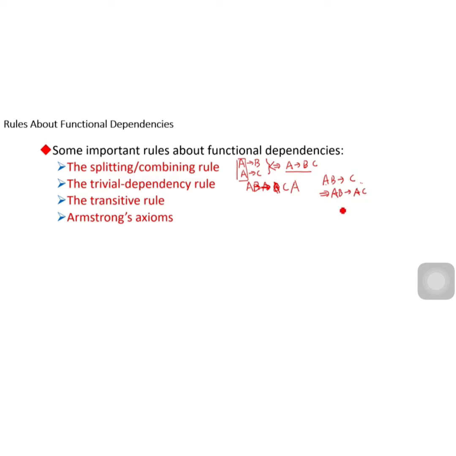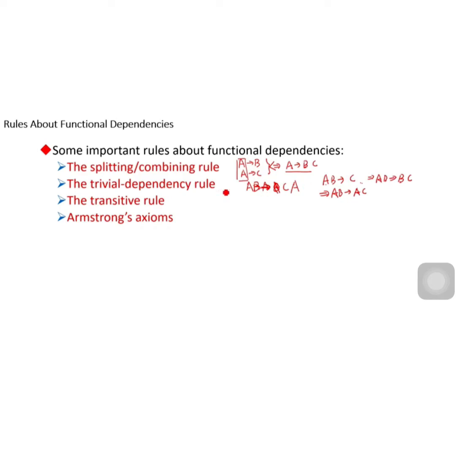And we can also add B to the right side, BC. And we can also delete the right attributes appearing in the left side from the right side. Okay, these are the trivial dependency rules.